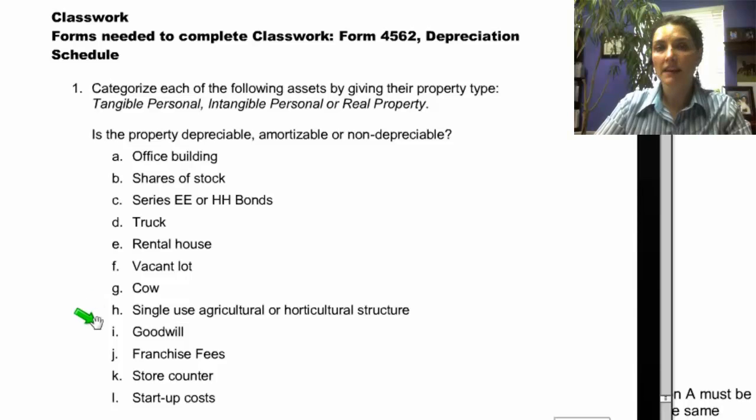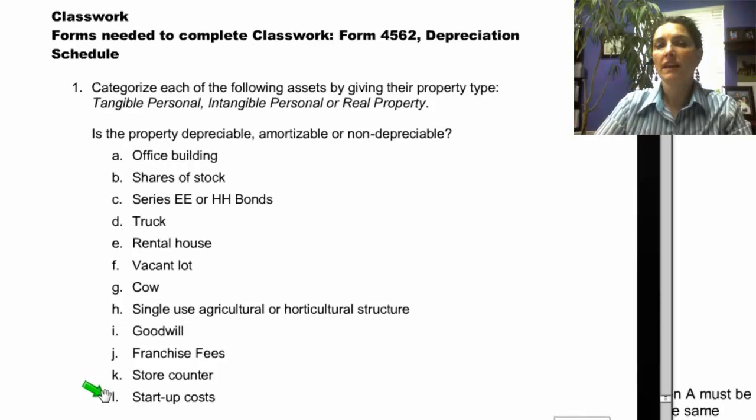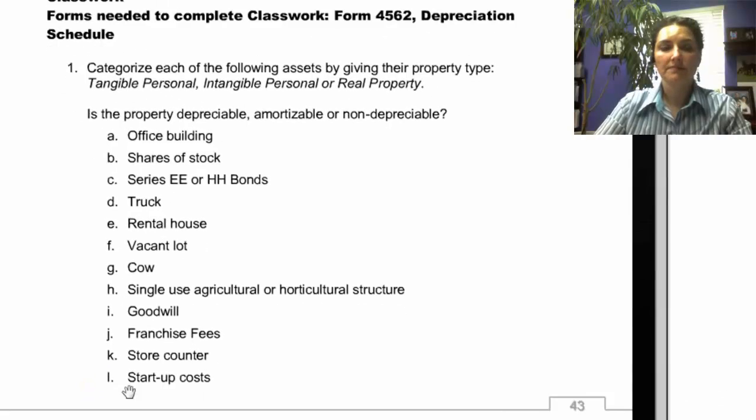Goodwill is intangible, personal property, and it is amortizable. Franchise fees are also considered to be intangible. They are personal property, amortizable. Store counter, tangible, personal property that is depreciable, and startup costs are intangible, personal property that are amortizable.